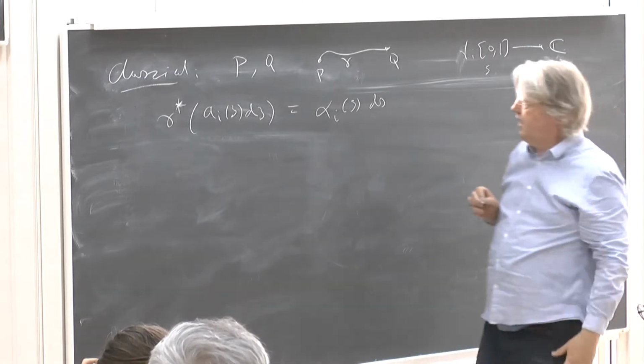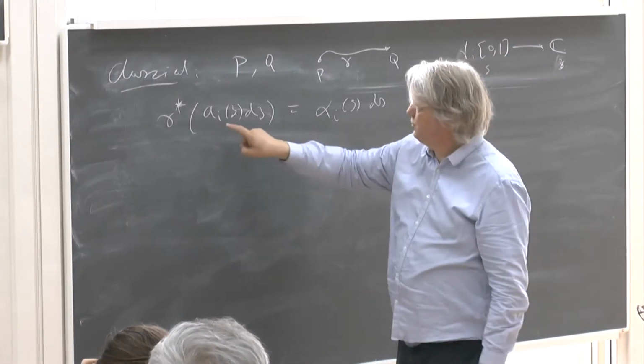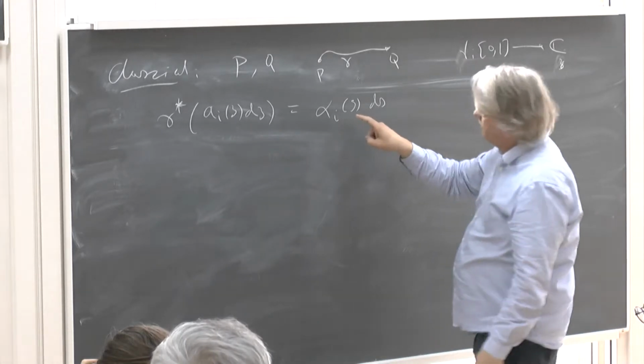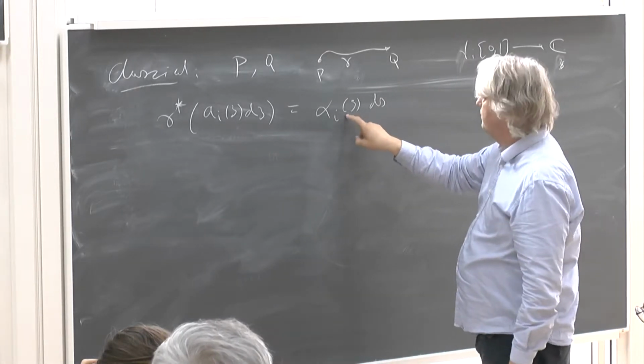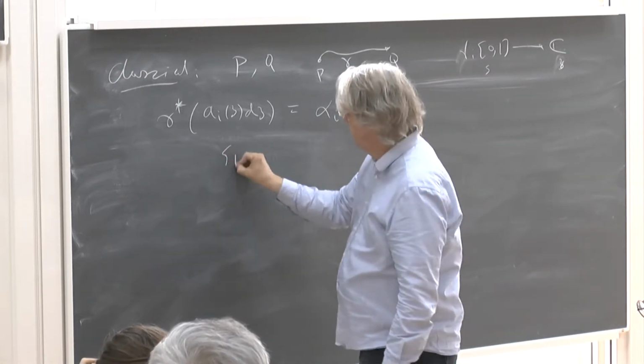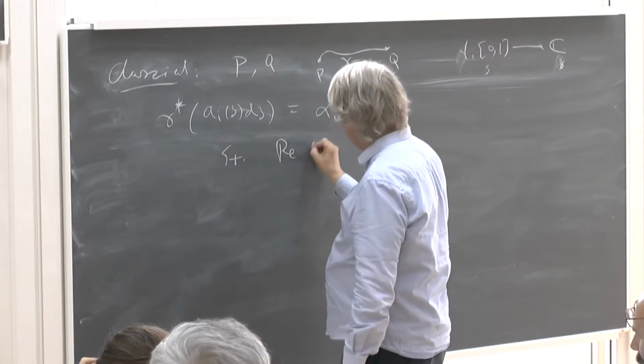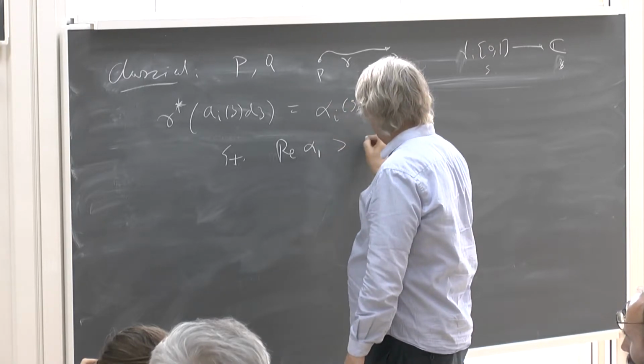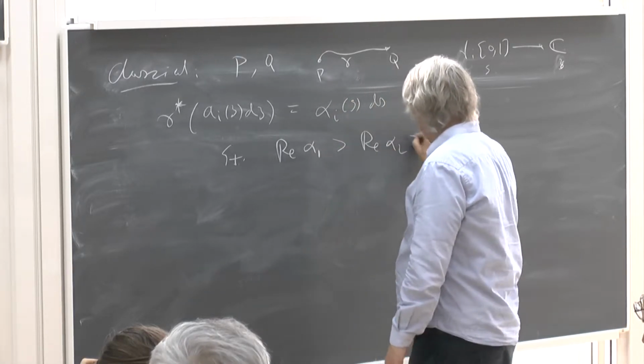Let's call that coordinate s. So suppose that the pullbacks of the differential forms are given by some complex-valued functions of s, such that the real part of alpha_1 is strictly bigger than the real part of alpha_2.